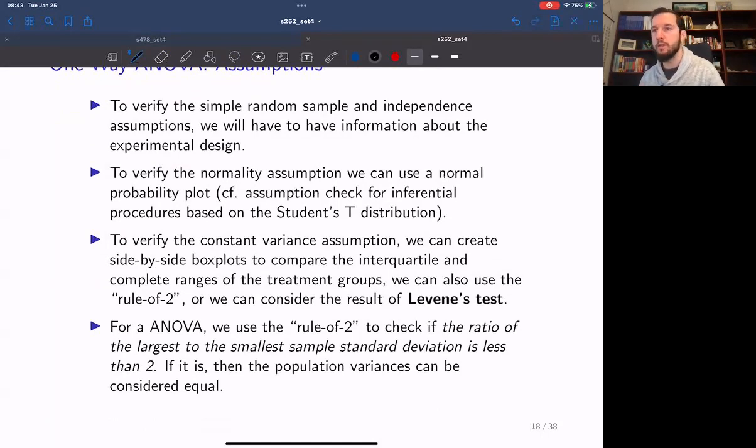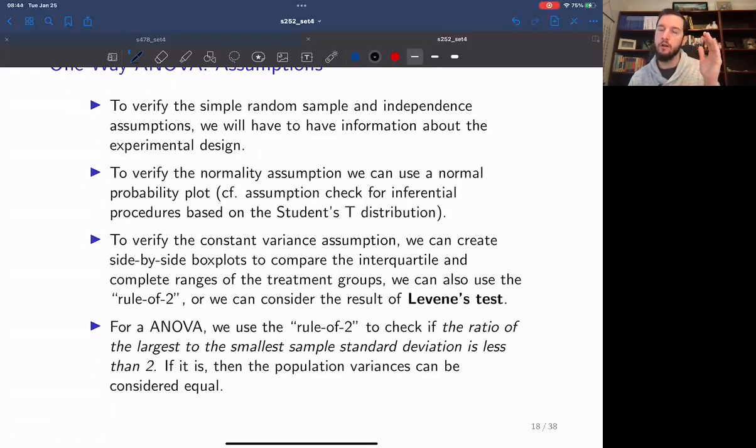To check the normality and the constant variance assumption, we can use a normal probability plot to assess the normality assumption. The normal probability plot is actually going to be built using the residual terms, which I will define at the start of lecture set number 5.